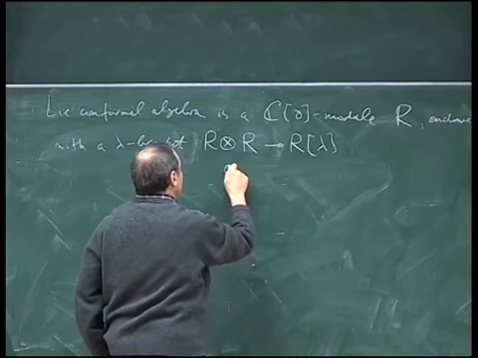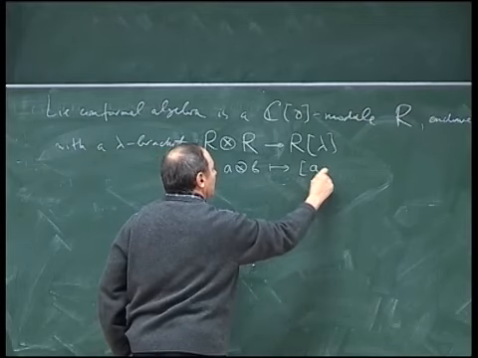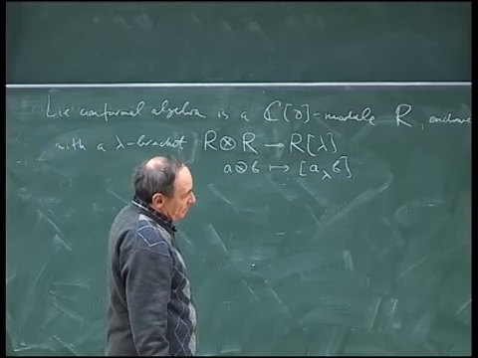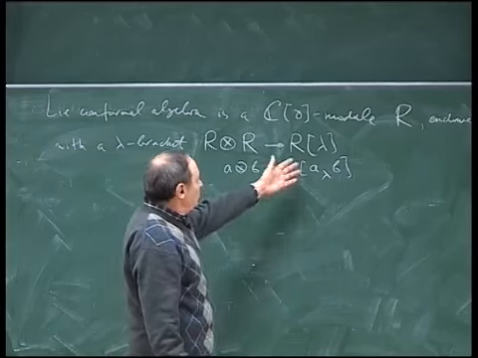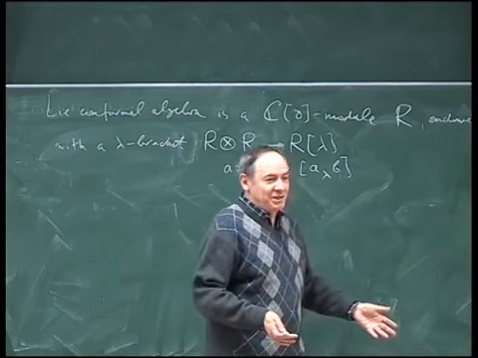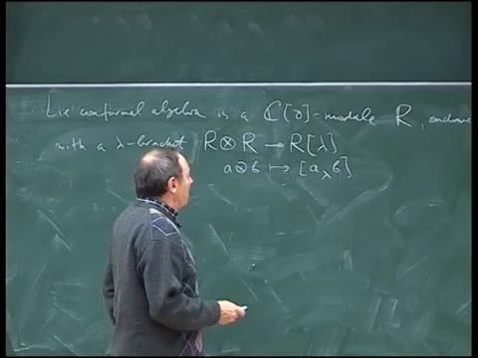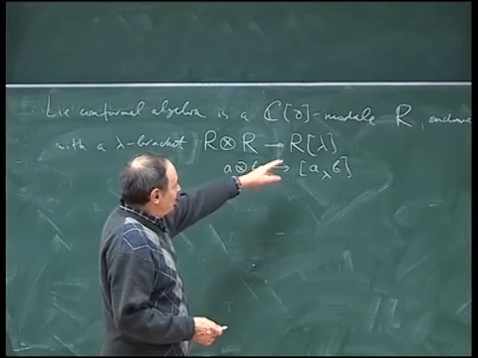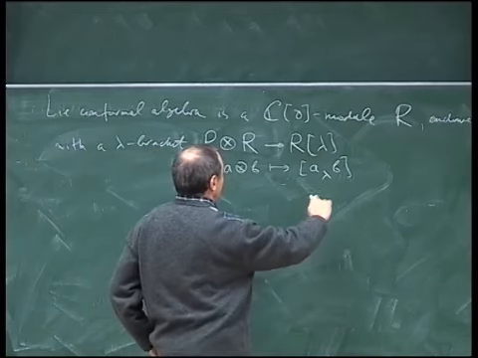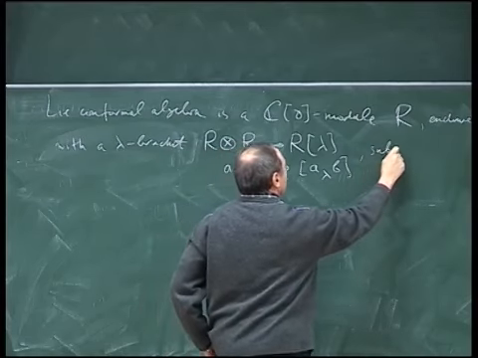And the notation is that A tensor B goes to A lambda B. Of course, I have to choose which brackets to write, curly or straight, but both satisfy the same axioms. So let me stick to the straight brackets. But of course, when you talk about the Poisson vertex algebra, you'll have to write curly brackets. And for vertex algebras, you write straight, subject to the following axioms.